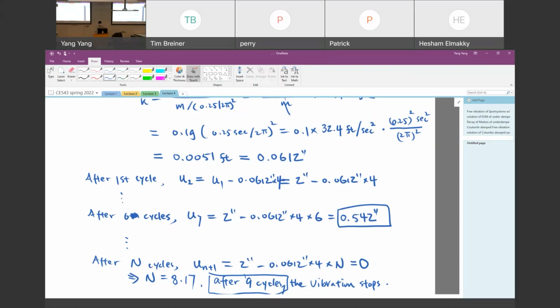Next week we will start with discussion of vibration of system under external excitation. So free vibration, I think that's all for tonight.